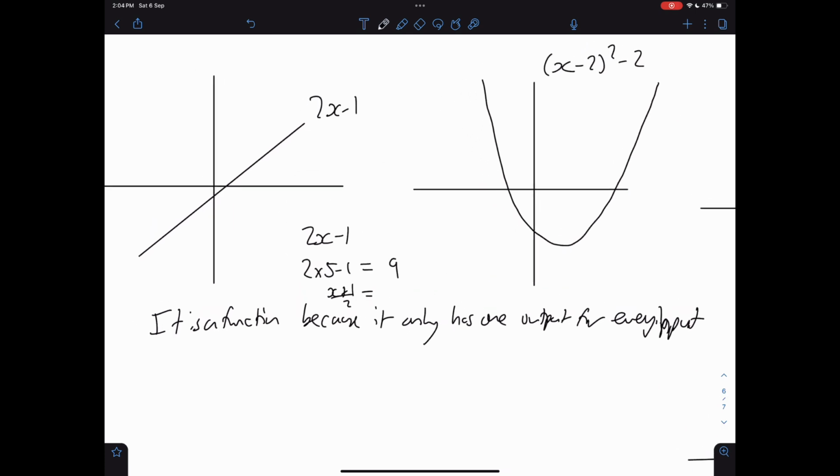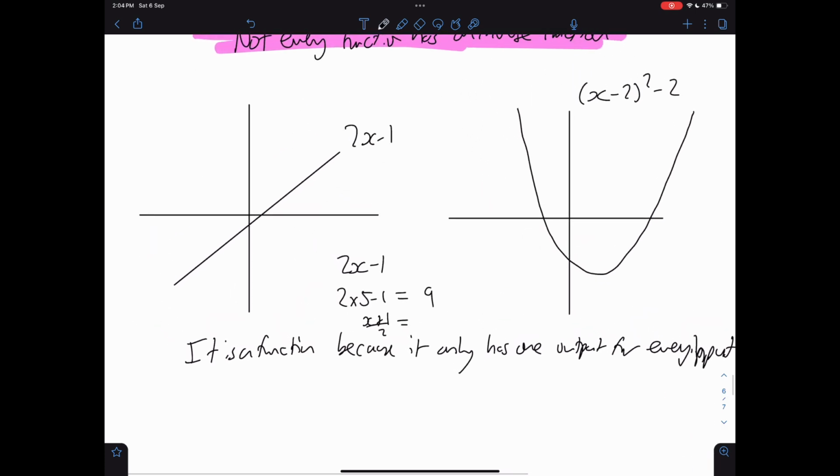That would become a much less steep curve, a bit more like that. And notice how this is still a function because it still passes the vertical line test.